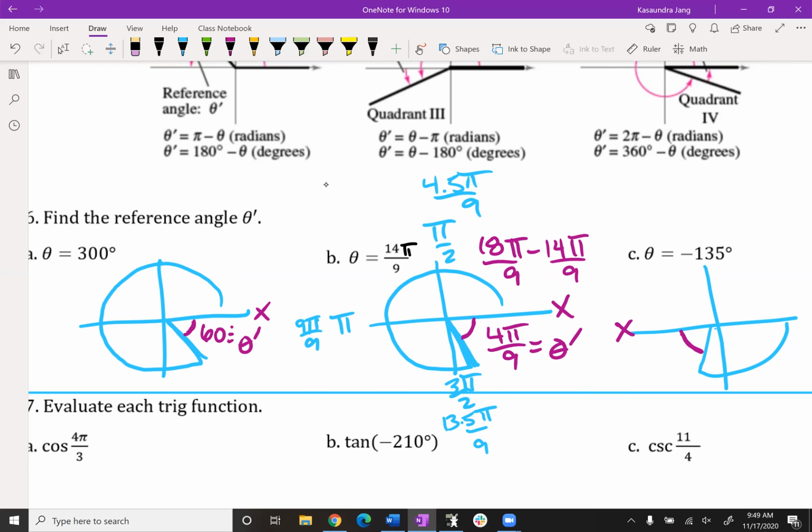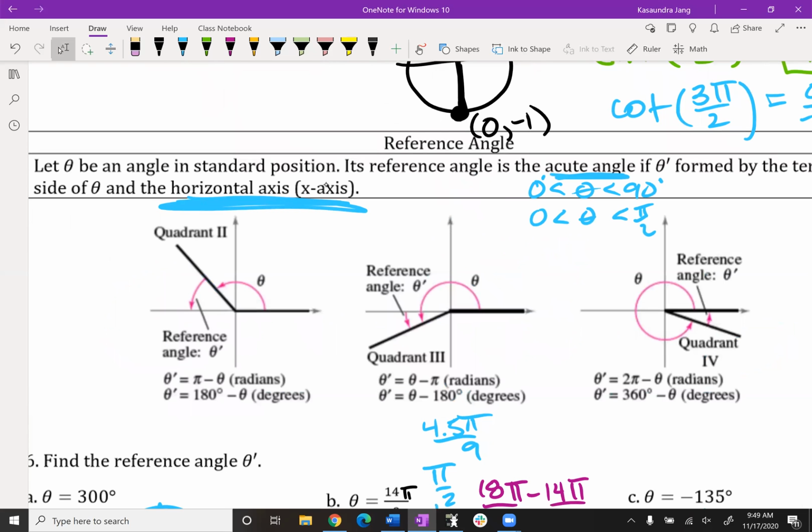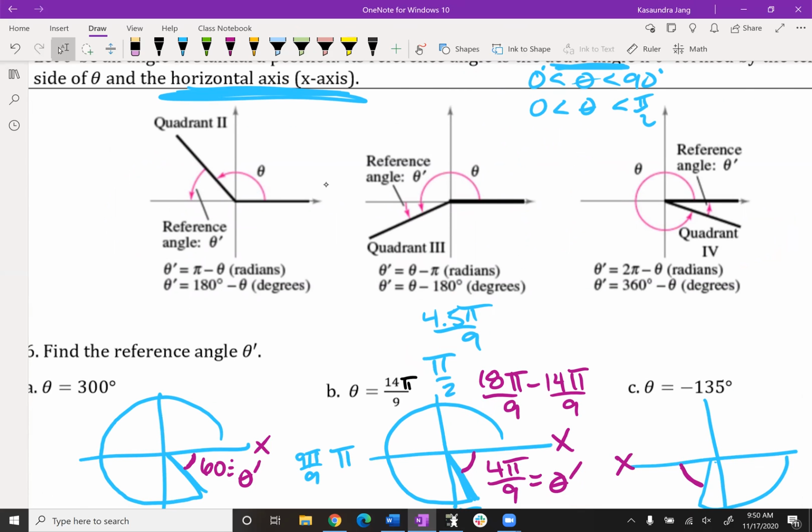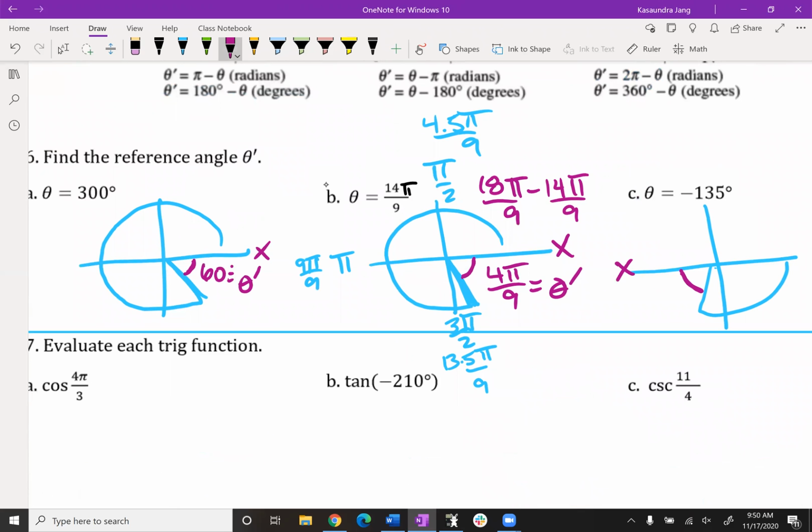This said I was supposed to have something between 0 and a positive 90, or if I'm in radians, 0 and a positive pi halves. So I want this to be some positive angle. And if I already went 135 degrees, let's figure out how much I have left to get to the 180. I'm going to do 180 minus 135.